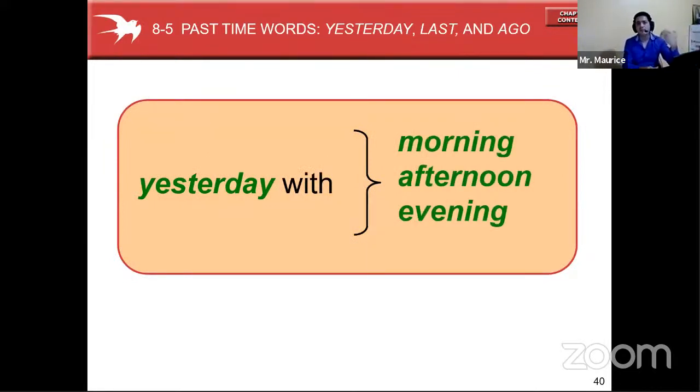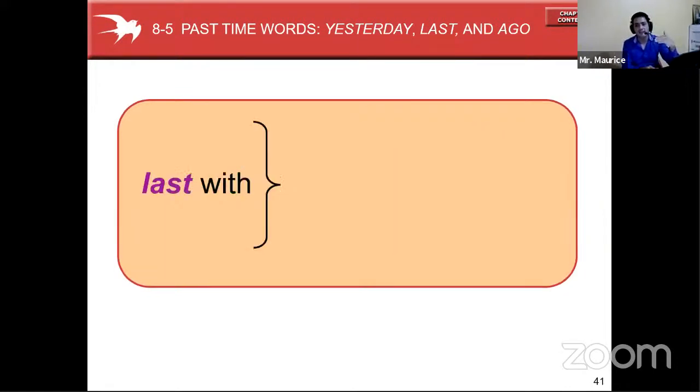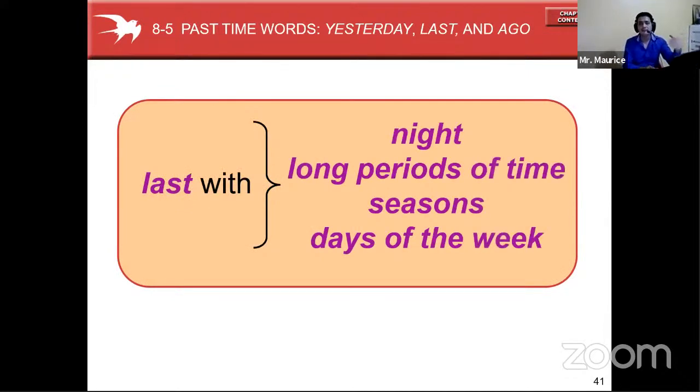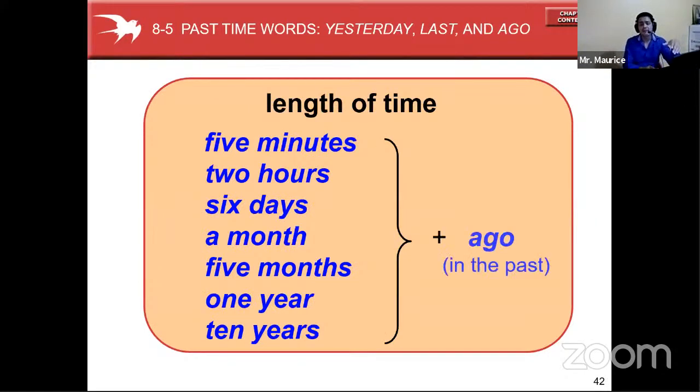Yesterday, remember, we can practice with yesterday morning, yesterday afternoon, or yesterday evening. Last, last night. We can use last with long periods of time. Last season, or the last days of the week. And then the option ago. 5 minutes ago, hace 5 minutos. 2 hours ago, hace 2 horas. 6 days ago, hace 6 días.